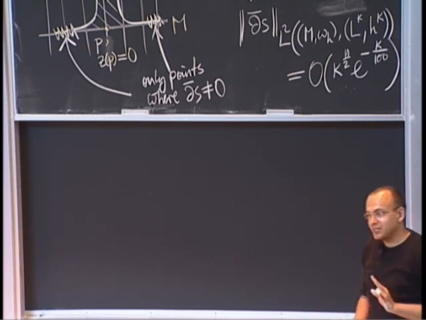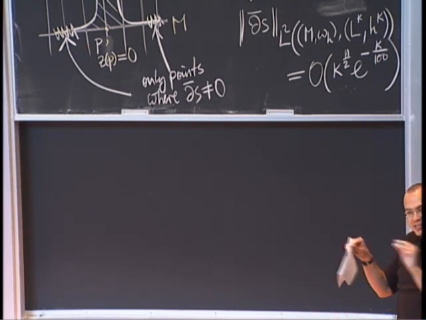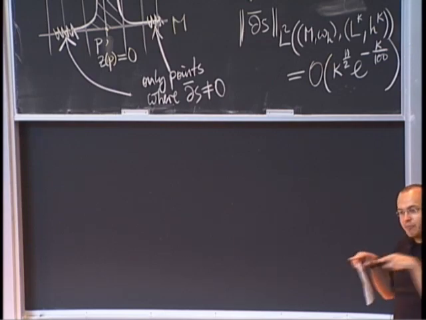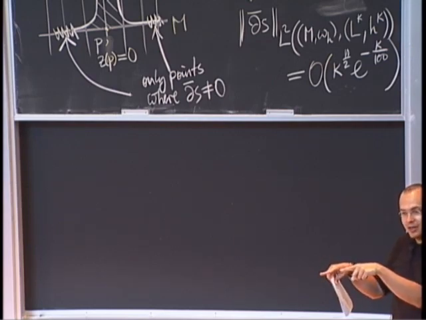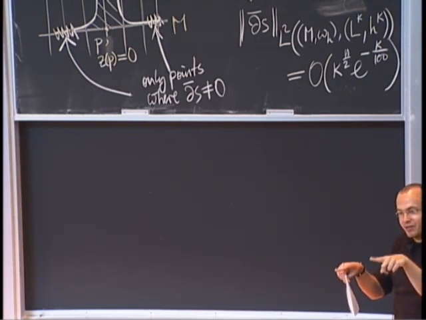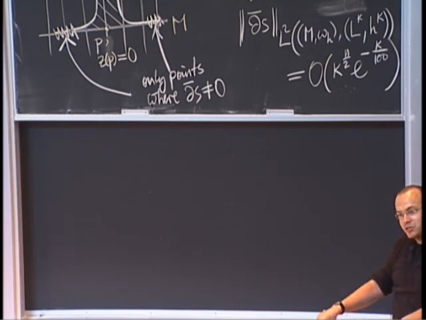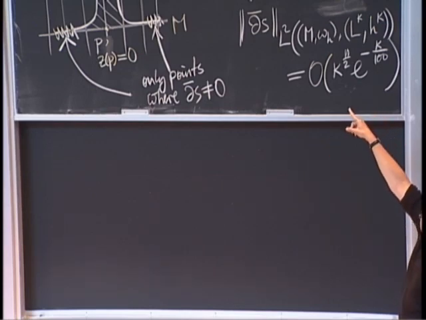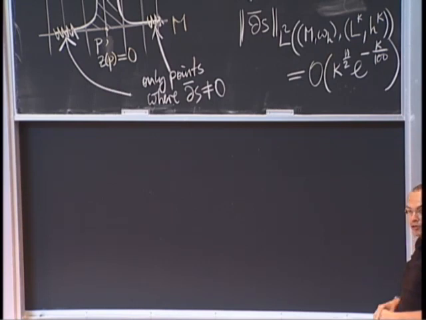Once I have the right trivialization, what I do is I just take the constant section, so if the section is constant equal to 1 in the trivialization, and I push that forward to my actual line bundle. So it's actually just a constant section, but if I measure its norm with respect to the Hermitian metric, that's going to look like a Gaussian. So this is not actually the graph of the section, this is the graph of the norm of the section as measured with respect to the Hermitian metric.